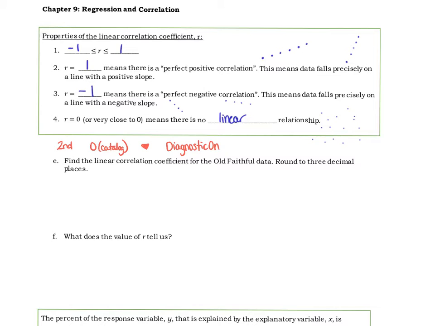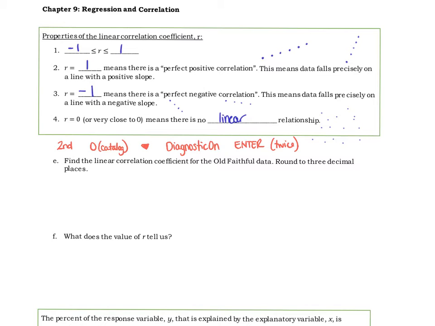Scroll down all the way to DiagnosticOn. Once you find it, press enter. That will put the words DiagnosticOn on your calculator screen, and then hit enter again. On your screen, it should say DiagnosticOn, Done.